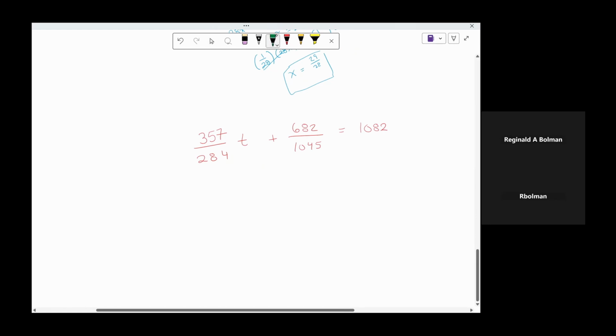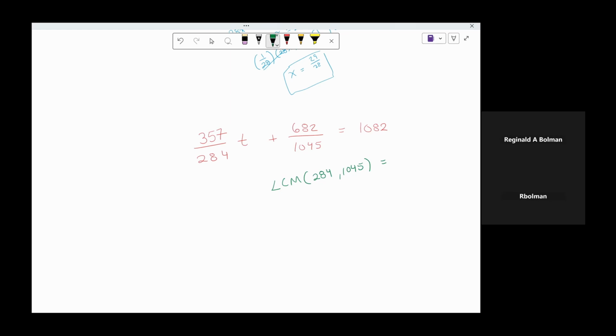So what the Hindus and the Arabs would do is they would say, okay, well, I'll calculate the LCM of 284 and 1045. Now, of course, that's not exactly the easy thing to do for us, especially. It's not exactly easy for us to consider performing this LCM technique, but it's doable.